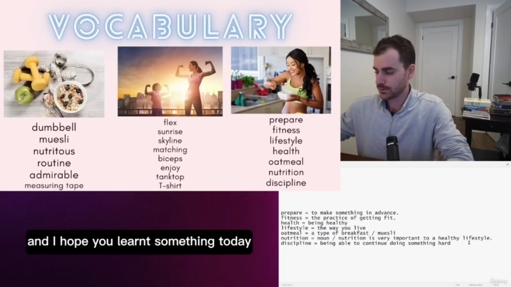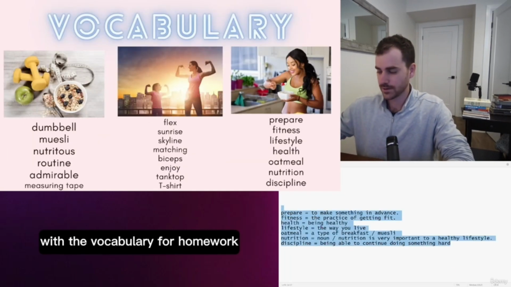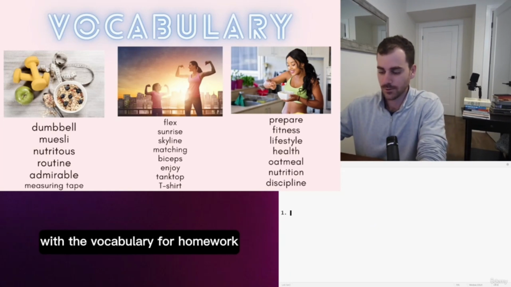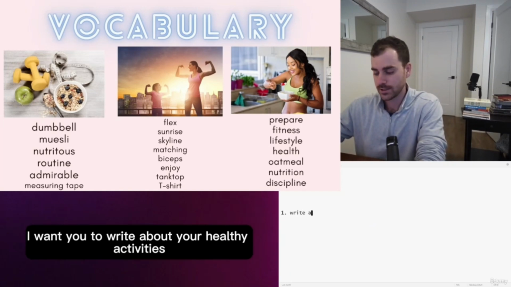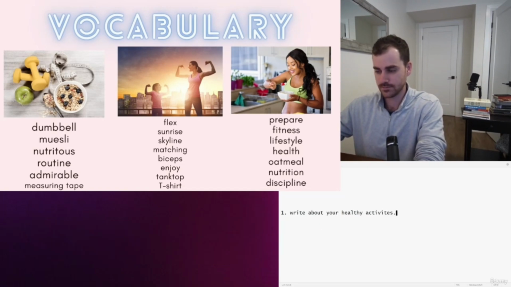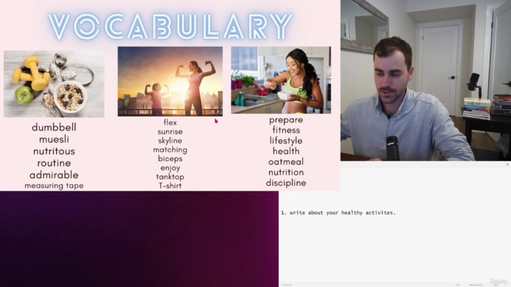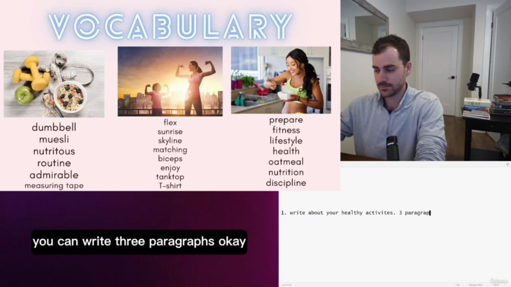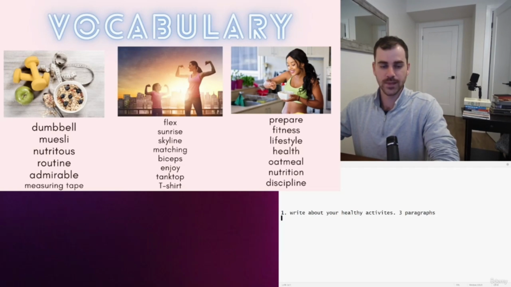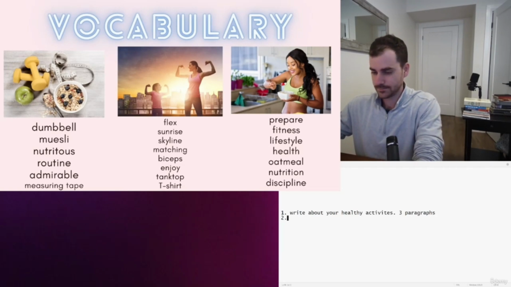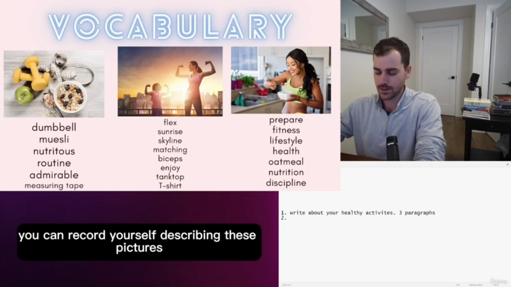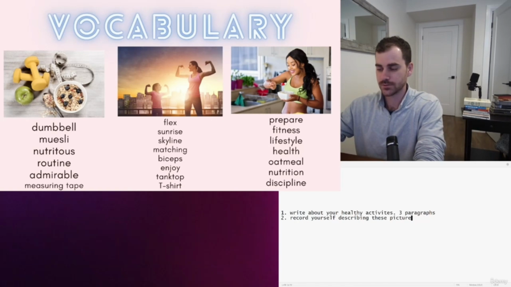And I hope you learned something today with the vocabulary. For homework, I want you to write about your healthy activities and try to use some of these words. You can write 3 paragraphs, okay? And secondly, you can record yourself describing these pictures.